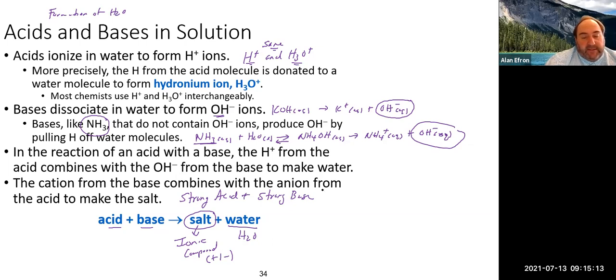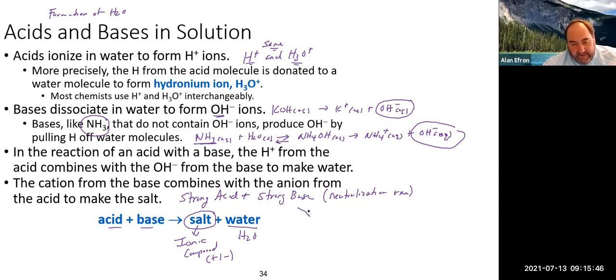These types of reactions where you take a strong acid and a strong base together are sometimes called a neutralization reaction, or an acid-base neutralization reaction. That is because what ultimately happens when you take a strong acid and a strong base together is you end up with basically water. The net ionic equation that will happen is the formation of water.